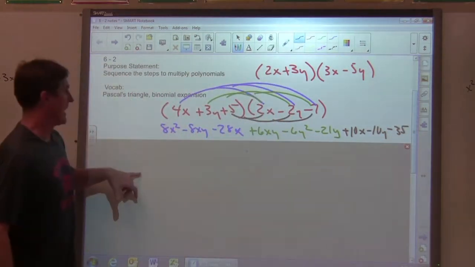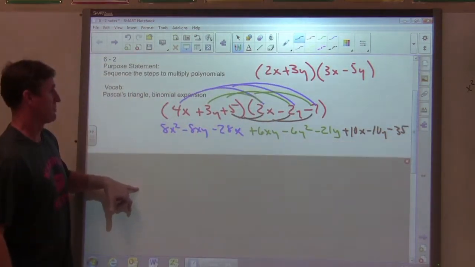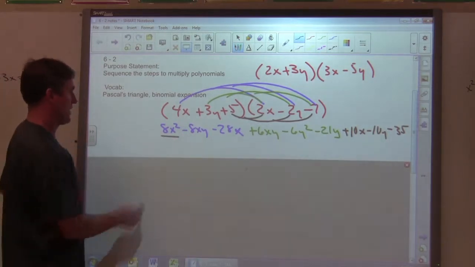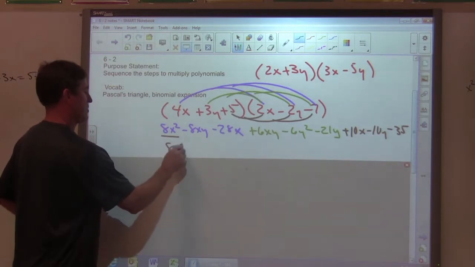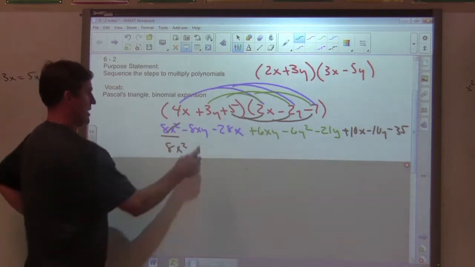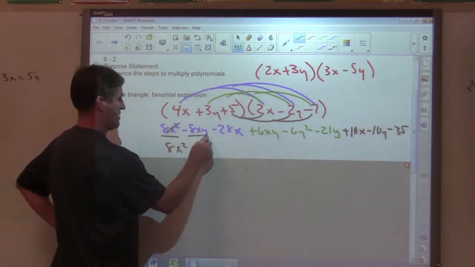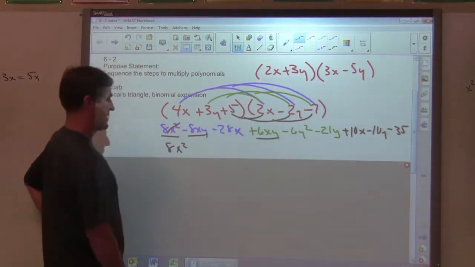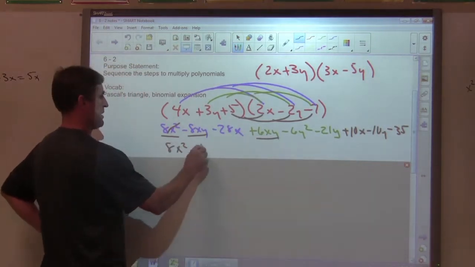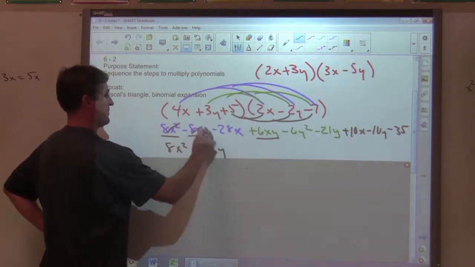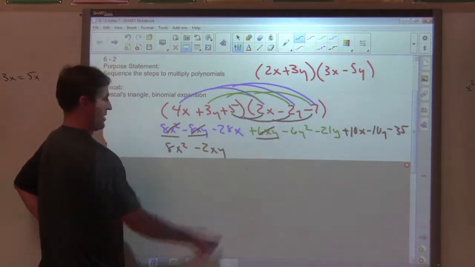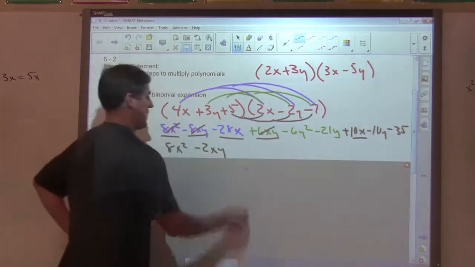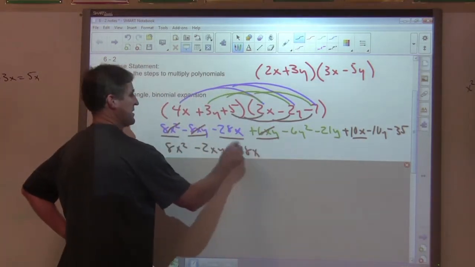And then we combine like terms. So we start here, there's no other x squareds, so 8x squared. I'm going to go with the xy's. So we have a minus 8xy and a plus 6xy, so that gives me a minus 2xy. So those are gone. Then I'm going to take the x's, minus 28x plus 10x is a minus 18x.